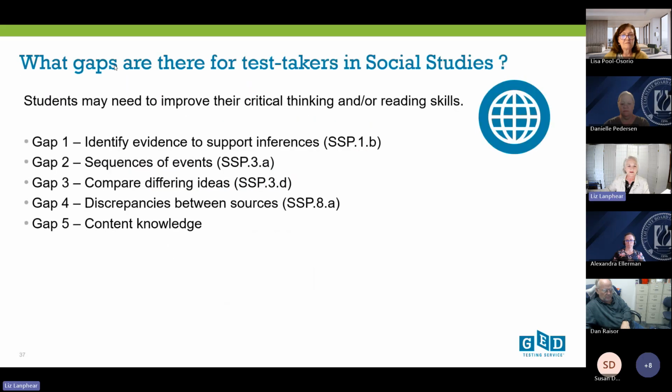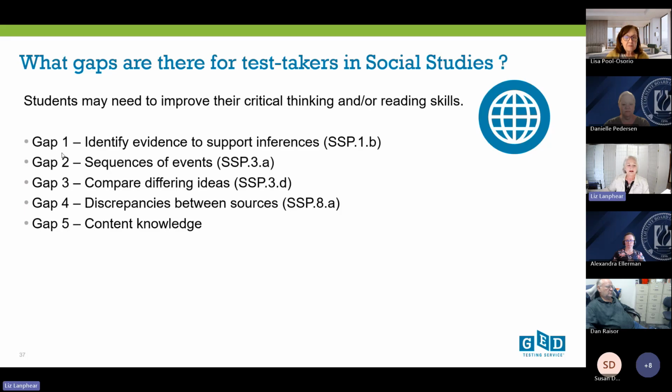So now let's look at the gaps that are present in the test for test takers in social studies. The assessment team has identified these 5 gaps. And you're going to quickly see why I started with close reading as we go through these gaps.